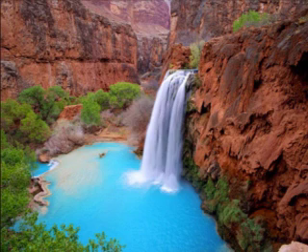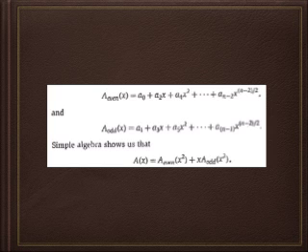Consider one of these roots of unity, omega_j,2n, which is equal to e to the 2 pi ji divided by 2n.